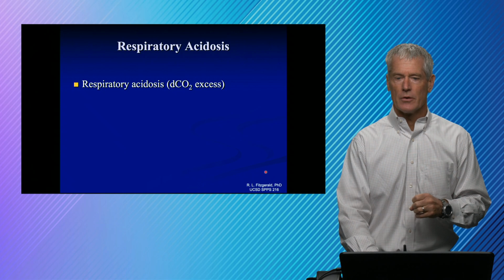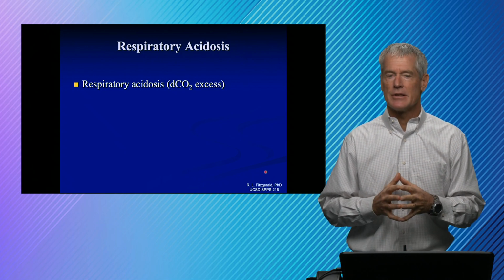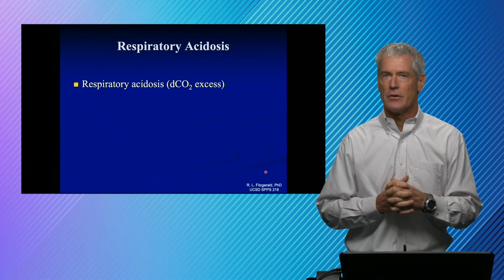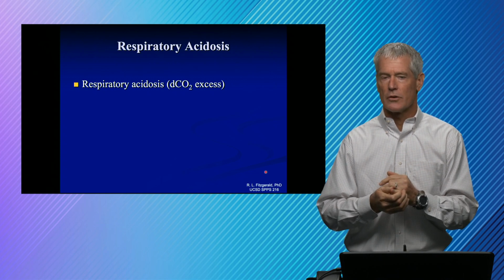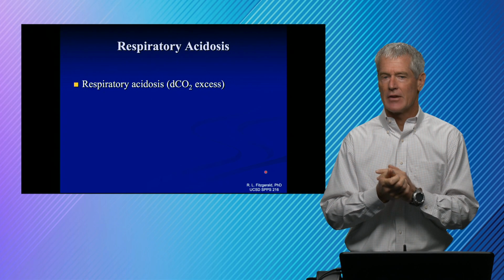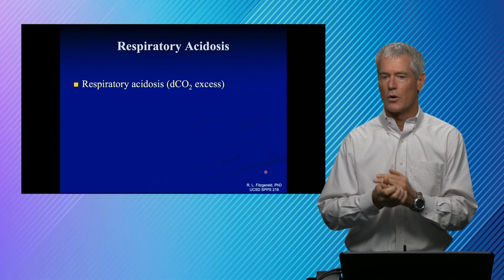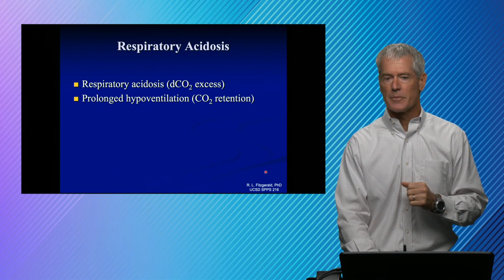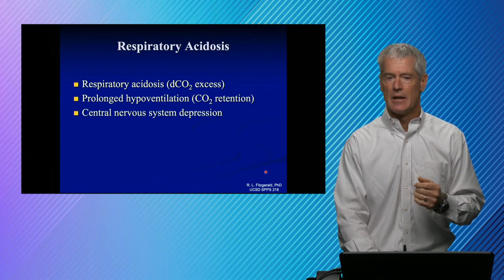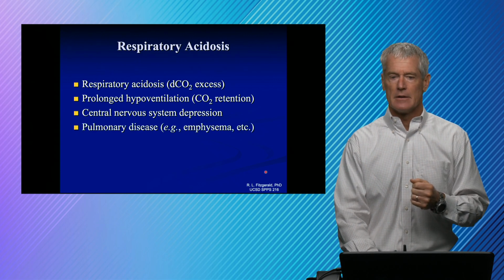So a respiratory acidosis is a primary imbalance of an excess of dissolved CO2. And you're going to figure that out by a pH that's low, so that's acidotic, and it's acidotic because your PCO2 or your DCO2 is high. It can be caused by prolonged hypoventilation, so CNS depressants do that.